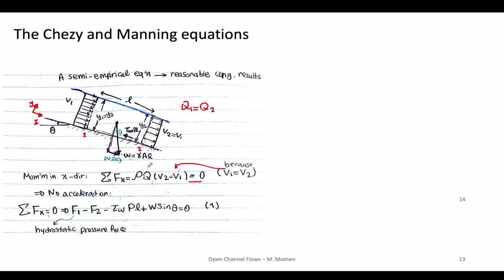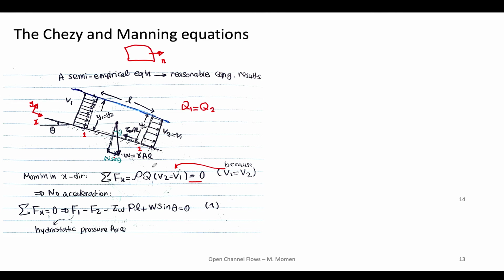This is based on the convention we made when we derived the momentum equation, that the normal is always outward of the control volume.